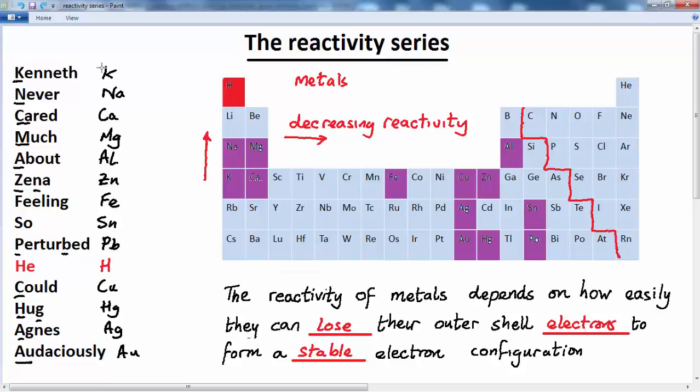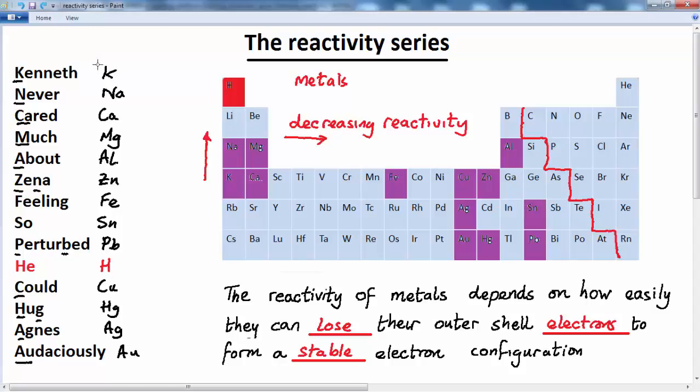Now, there is one thing I'd like to point out about this rhyme, which is that when I learnt this rhyme, for some reason lithium didn't seem to be very important in those days. I'm not sure why, but nowadays it is, and lithium is included on the GCSE syllabuses.